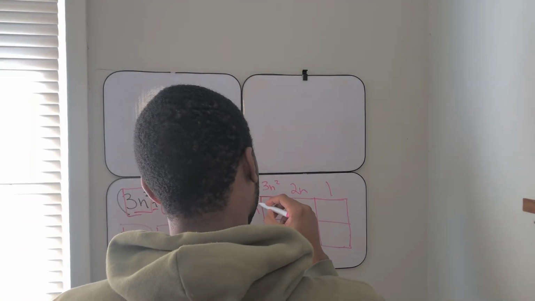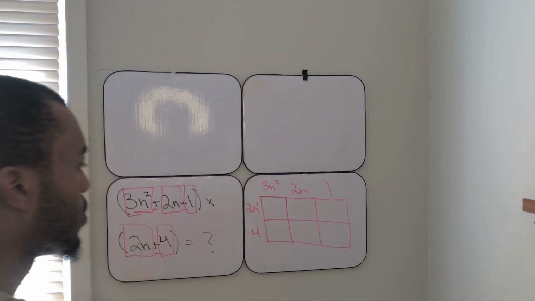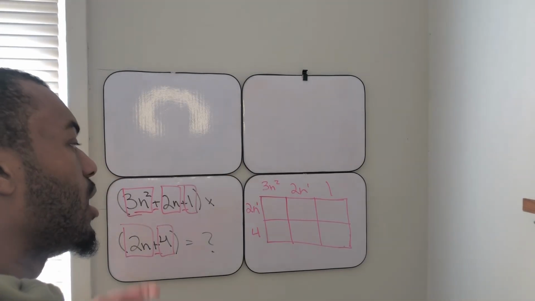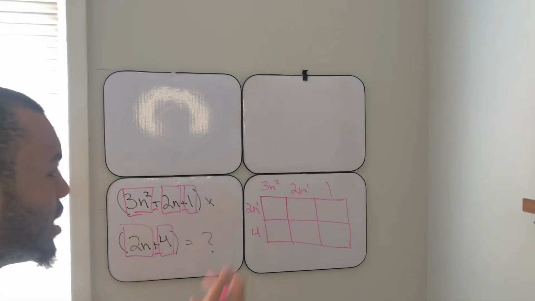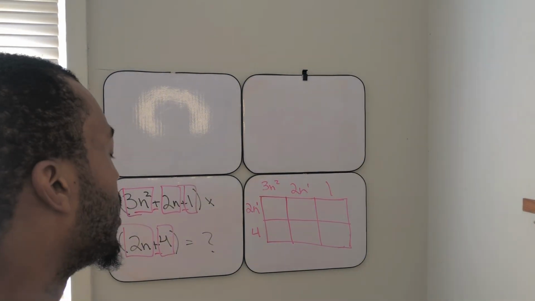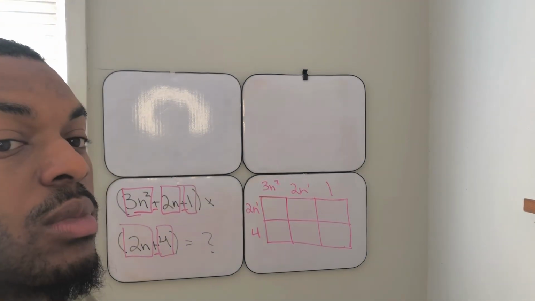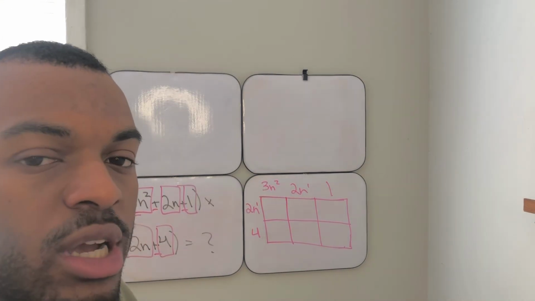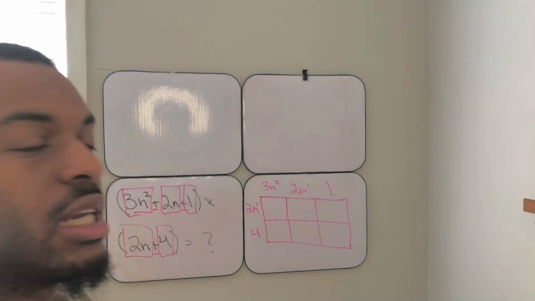Again, 2n to the first, and then there's a first right there as well. But these two n's are not exactly the same, so we can't combine them all the way. We can't combine them directly, but there is a shortcut that we can take.